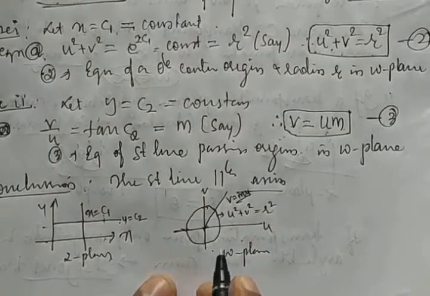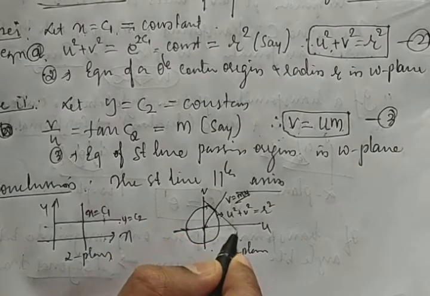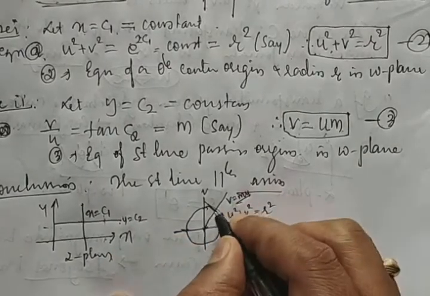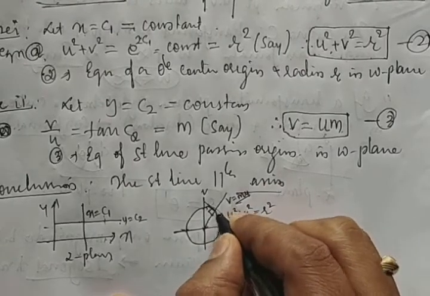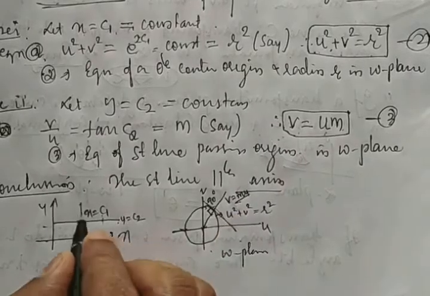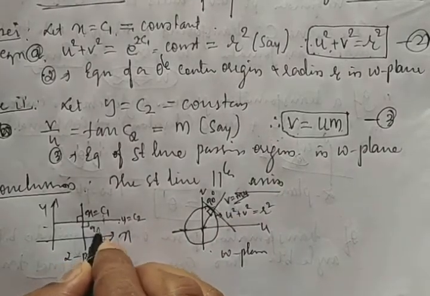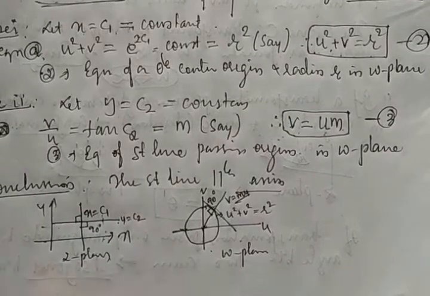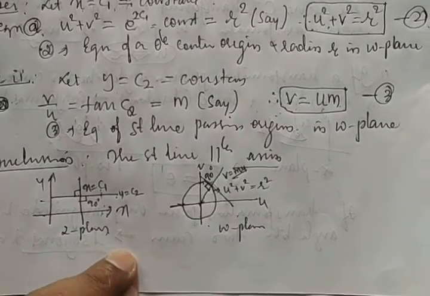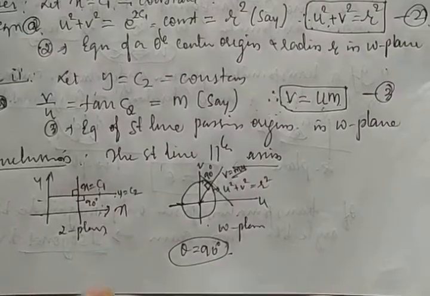Now let us draw a tangent to this. If you draw a tangent to this, then automatically between these two we will get a 90-degree angle. And here also, due to this or this, we are getting a 90-degree angle. Means in this case, theta is equal to 90 degrees in both.